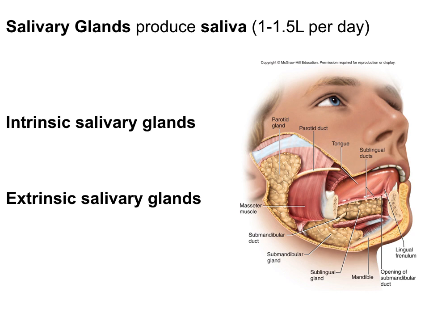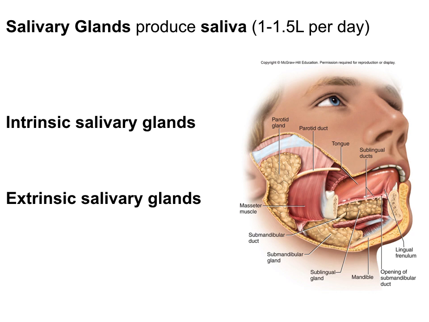You then have what are called extrinsic salivary glands. These are glands that reside outside of the oral cavity, but still deliver their secretion into the oral cavity. Now, there are 3 pairs of these extrinsic salivary glands.